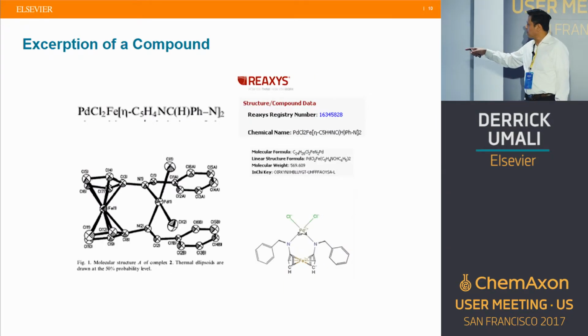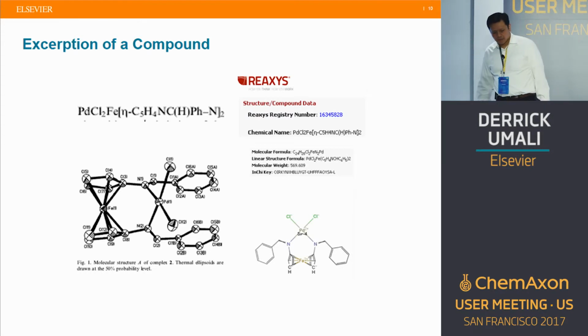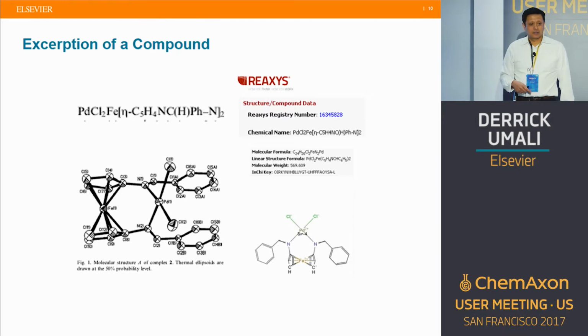Excerption of the compound, right? We start with the structure, find any identification. If it's a 3D molecule, we'll use the ChemAxon Marvin Sketch to draw it in 3D and place it in the database so that when you're downloading it as an SD file, the bond lengths and things are there for you to look at it in 3D as well.